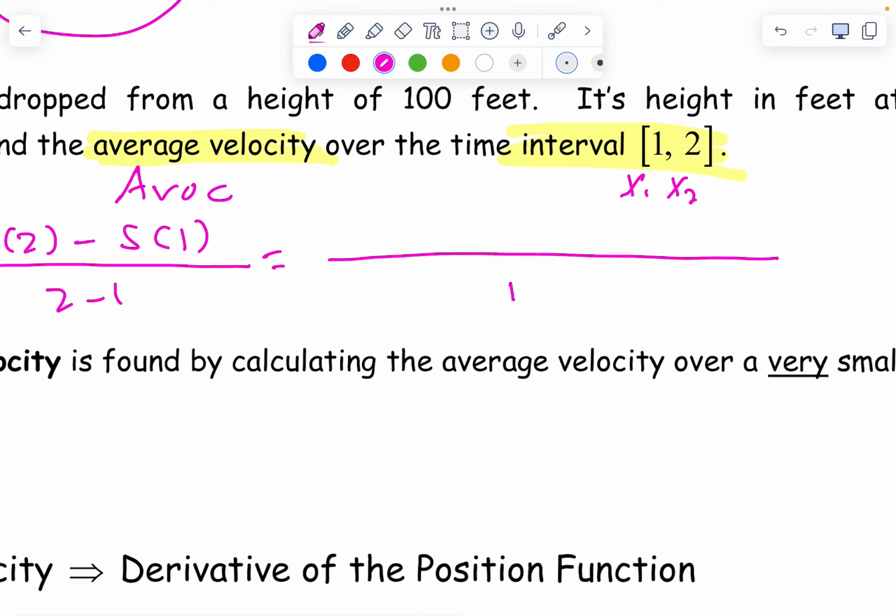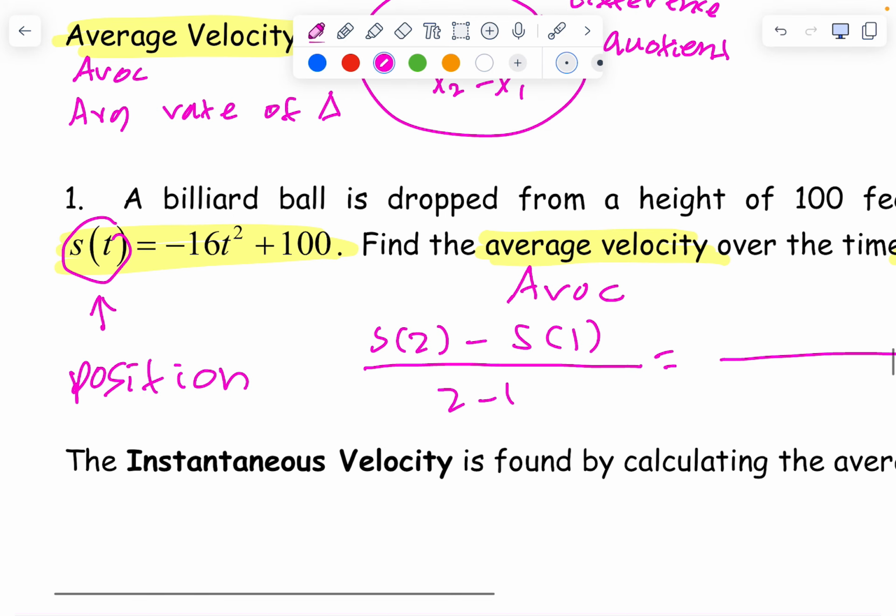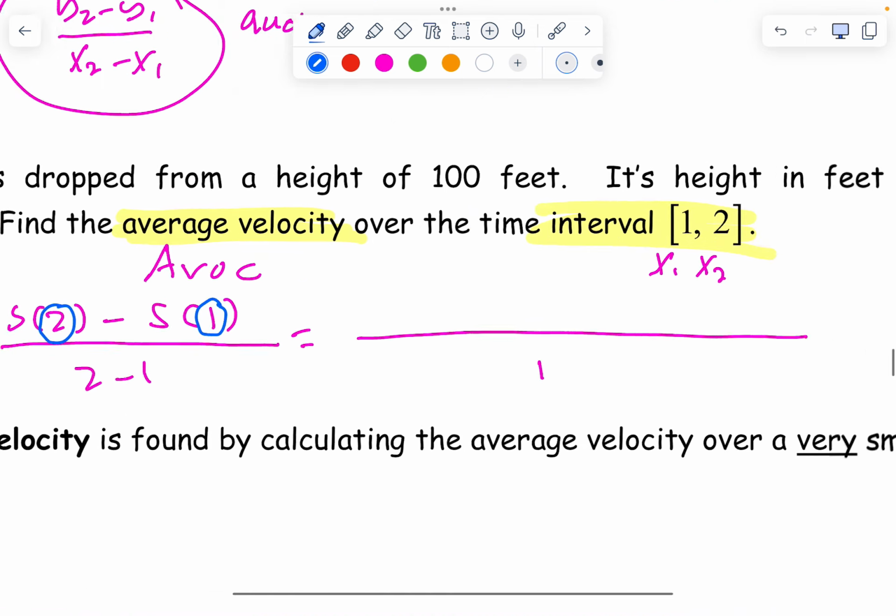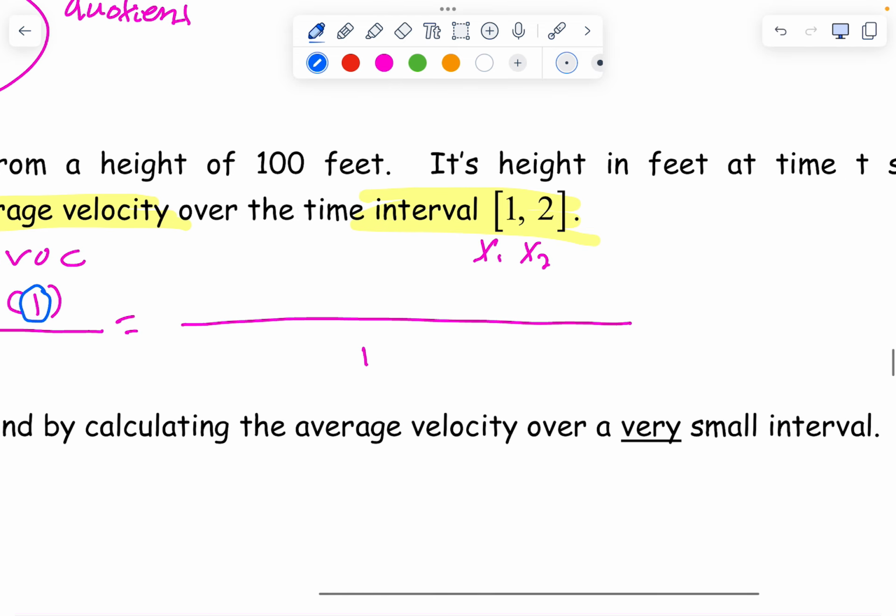The next piece is where some of you guys may want to be lazy, but don't, because I'm going to allow y'all to use a Desmos on this one to type things in. So what we're going to do is, the first thing is going to be plugging in. Anywhere I see a t, plug in the 2. And after that, anywhere I see a t, plug in the 1. So here we go. Because I'm thinking ahead, let's start with the bracket. We have negative 16, 2 squared plus 100.